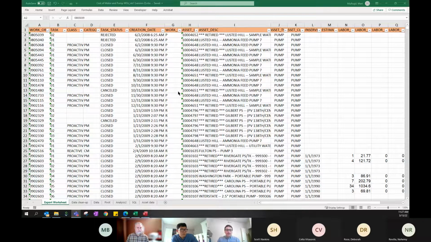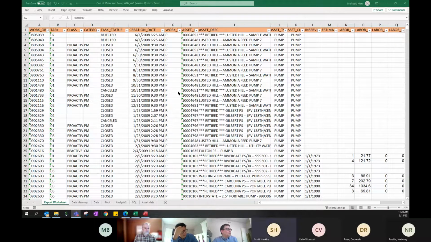I'm not very happy with our current designation, though. Everything will be pump, for example. There is no differentiation between large, small, centrifugal, or positive displacement. So I think there are improvements to be made there, but at least we're able to get the data out.